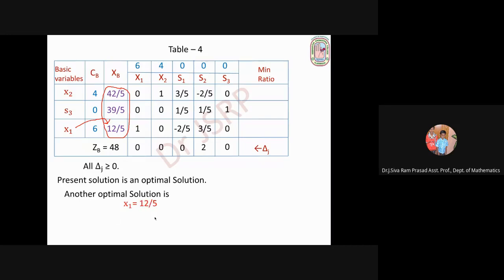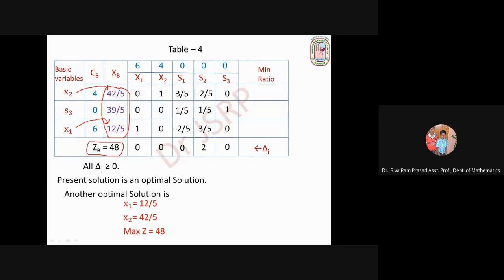So another optimal solution is x1 equal 12 by 5, and x2 equal 42 by 5. You need not write S3. Since S3 is a slack and surplus variable, we don't bother about other variables. We just write decision variables only. If any decision variable is not present in the basic variables, it is non-basic variable, it is 0. Okay, that objective function value is 48. So we get the same objective function value.